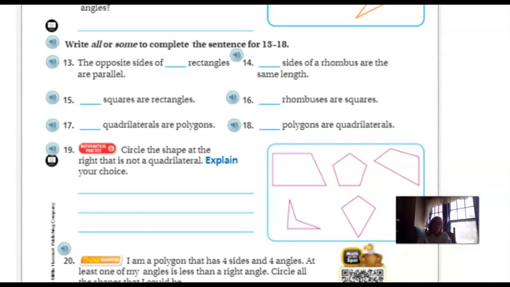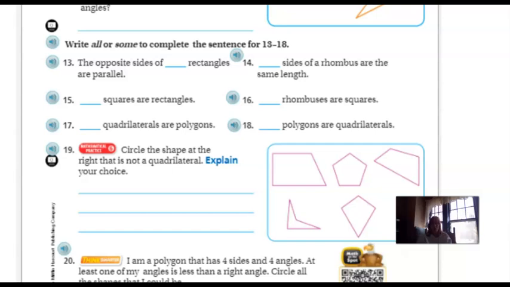Number 15, blank squares are rectangles. All squares are rectangles, but rectangles are not all squares. Number 16, blank rhombuses are squares. Only some rhombuses are squares. Number 17, blank quadrilaterals are polygons.